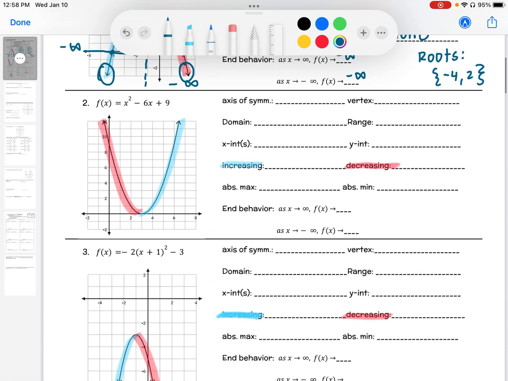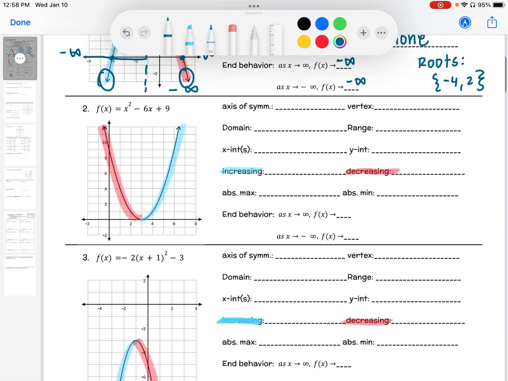Okay, I'm going to go a little quicker now because we already did one example. So axis of symmetry, straight down the middle, so it would be x equals 3. Our vertex would be 3, 0. Domain, again, will always be -infinity, +infinity for a quadratic.